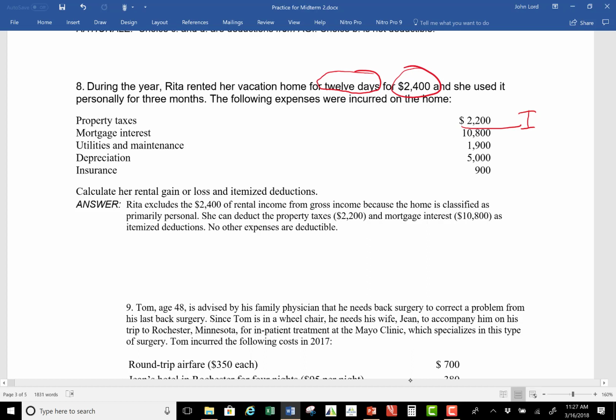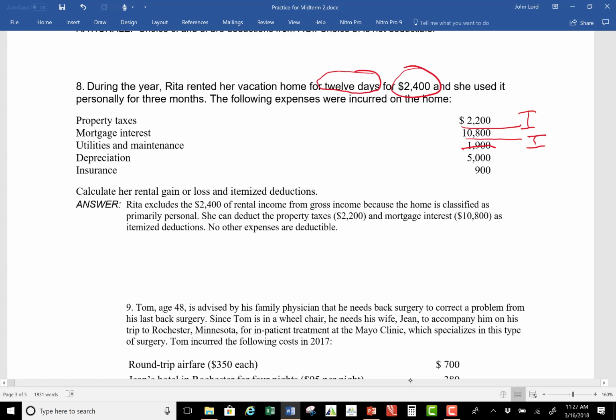Okay. So anyway, so then what? Then we have the mortgage interest, and she can take that as what? It's still good as an itemized deduction, because remember, the mortgage interest is your home plus one other home, right? Okay, so she can still take it there. Utilities and maintenance, no. It's personal use. You can't take the utilities and maintenance.